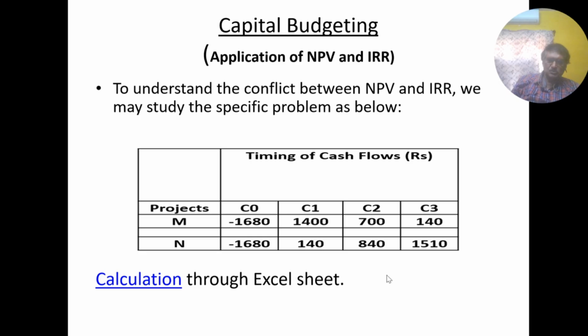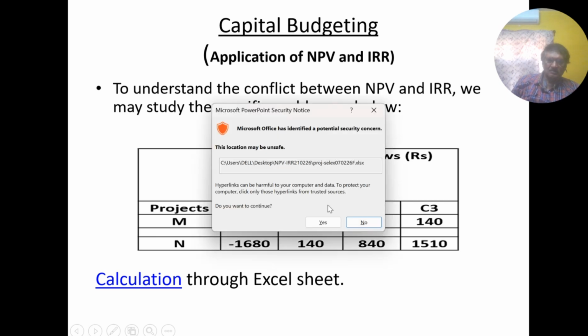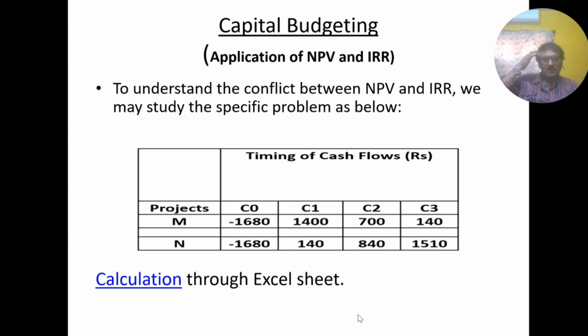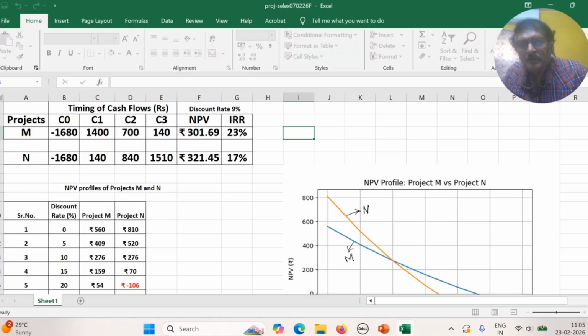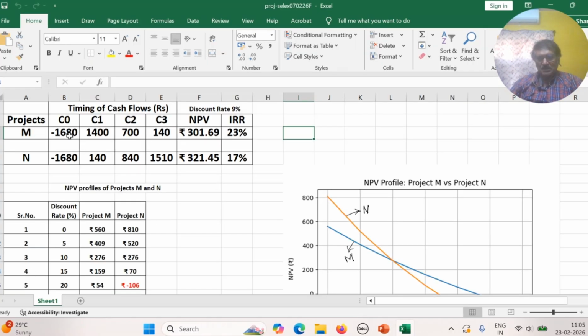My purpose is to make you understand how to take decision. That's why I've taken the help of Excel sheet. Now see the calculation. This is the data, the same data I have presented here in the Excel sheet, M and N.